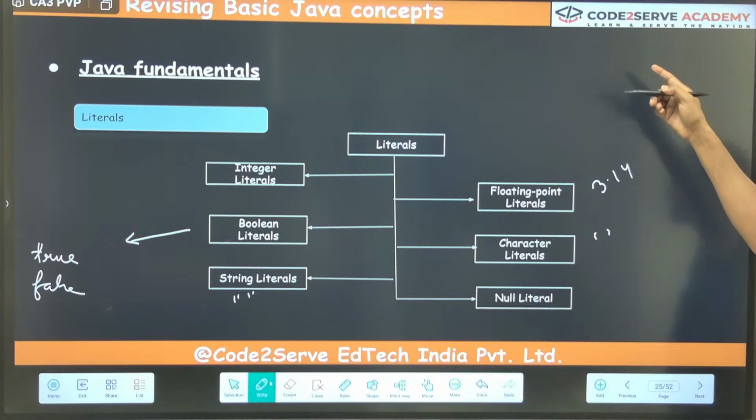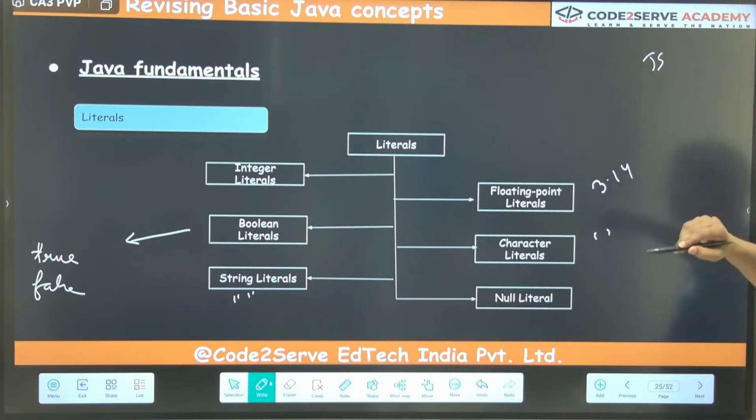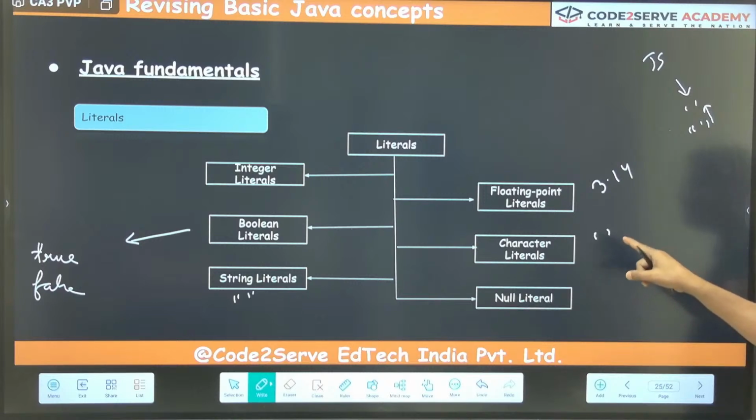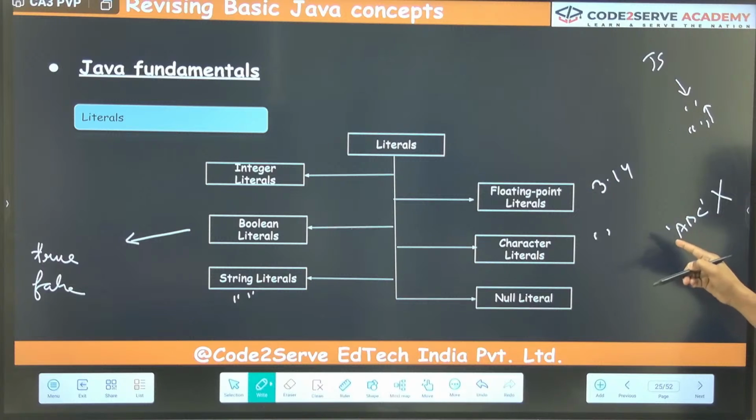But in other programming languages, like JavaScript, whether you write single quotes or double quotes, it is the same. Everything is considered a string. But here, if you write A, B, C in single quotes, it will throw an error, because single quotes can only be used for a single character, not multiple characters. For this, you have to replace with double quotes, then it will work, right?